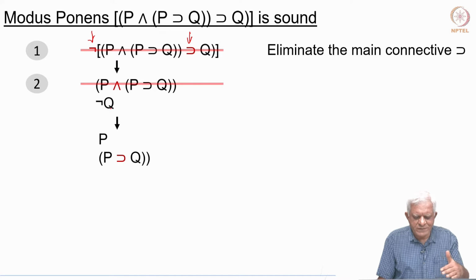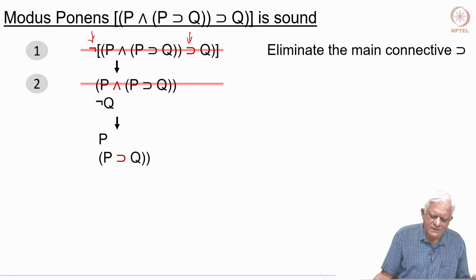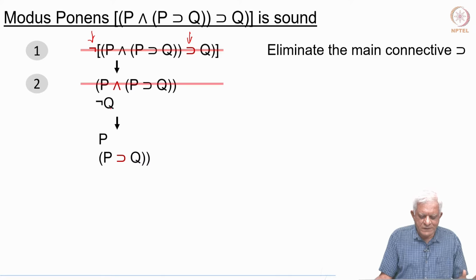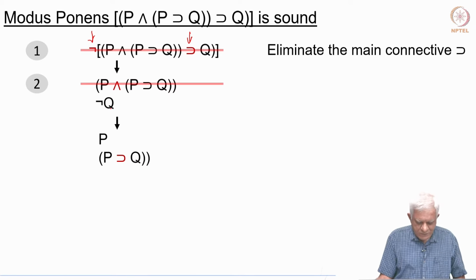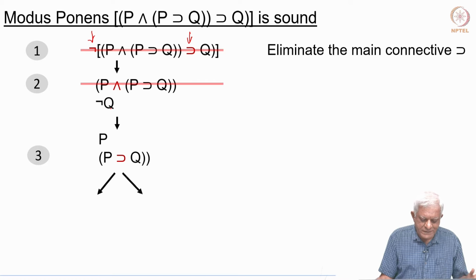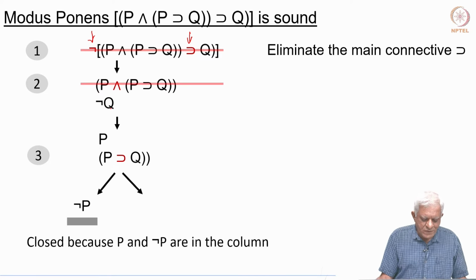As you can see, we have drawn this red line across those formulas, we have used them, we do not need them anymore. Whatever else remains which is not cancelled is part of the interpretation that we are building. But of course, we need to break down further. Next we have to eliminate this implication, again it bifurcates the set into two: either not P must be true or Q must be true.